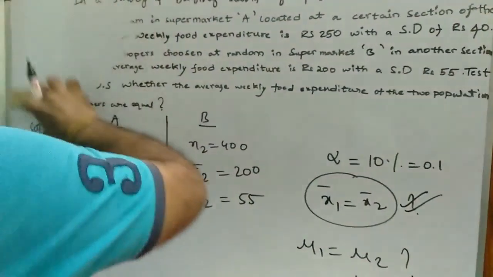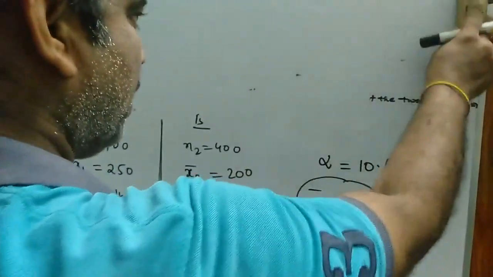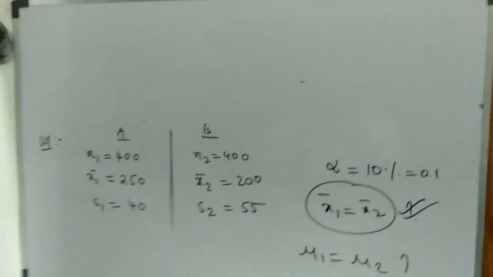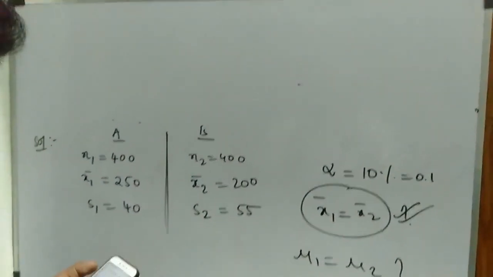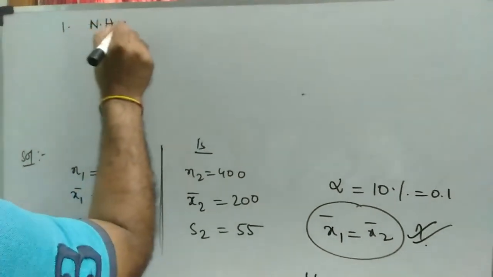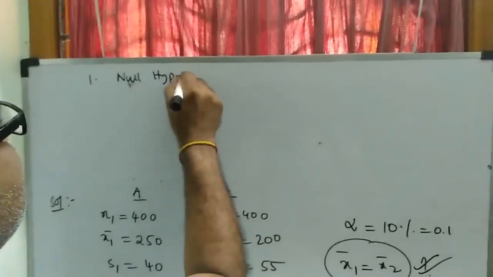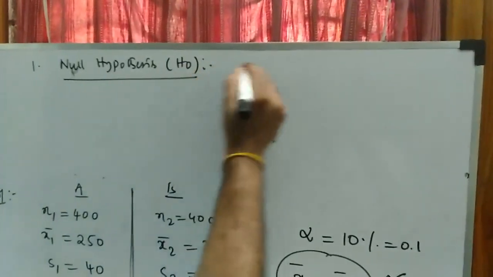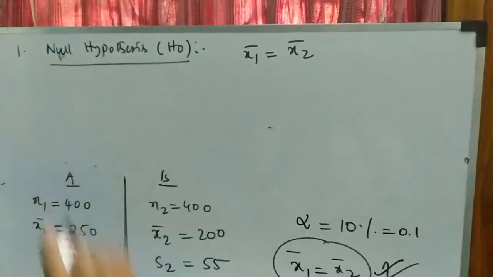So first prepare the procedure, starting with the null hypothesis H0. That is the hypothesis with no difference. Let us assume that x1 bar is equal to x2 bar. So in the first step of the procedure, the null hypothesis is denoted by H0. Here I am assuming that x1 bar and x2 bar are one and the same.